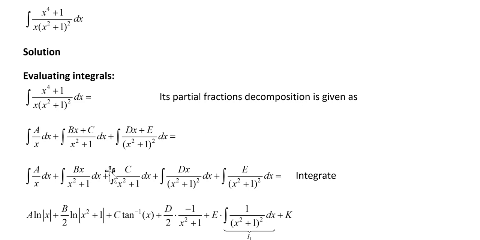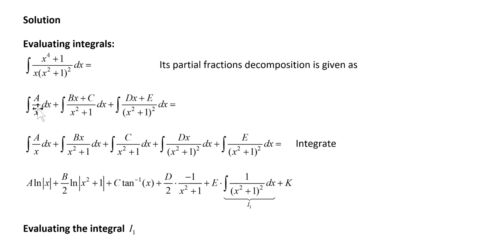Then we have to integrate each term. For the first integral, A is a constant, so we can move A outside and only integrate 1 over x, which is the natural log of the absolute value of x. For the next term, we break it down into 2 integrals: the first is Bx over x squared plus 1, and the second is C over x squared plus 1.